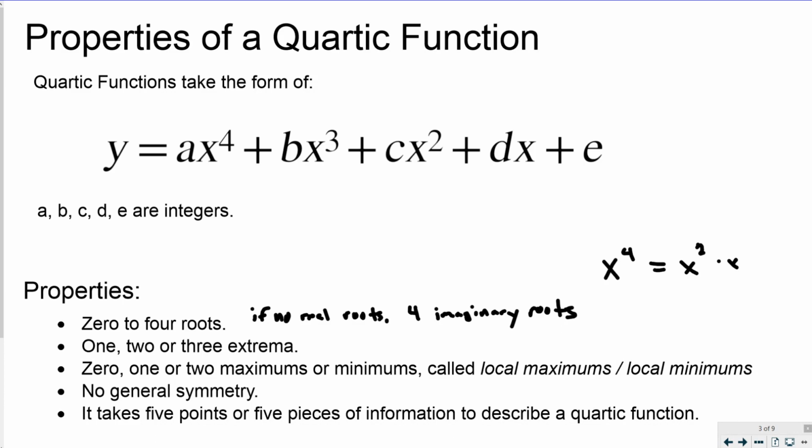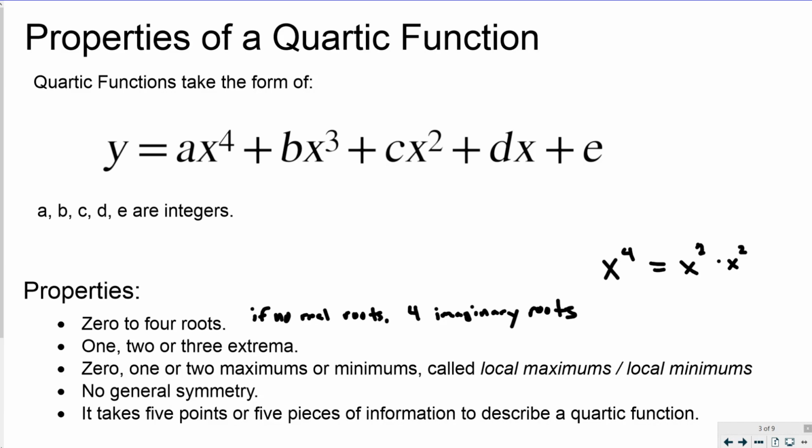We can think of x to the fourth as x squared times x squared. We have a possible 2 imaginary roots here and a possible 2 imaginary roots here, and the 2 imaginary roots added together would be 4 imaginary roots. We remember that x squared can have 2 imaginary roots if it was x squared plus an amount. So x to the fourth could have 4 possible imaginary roots as well.